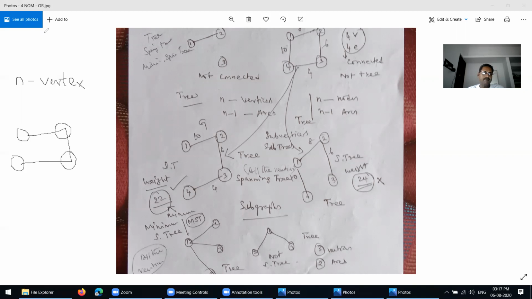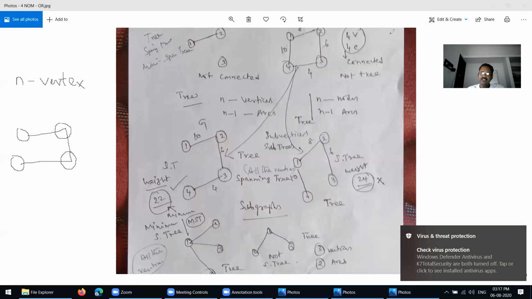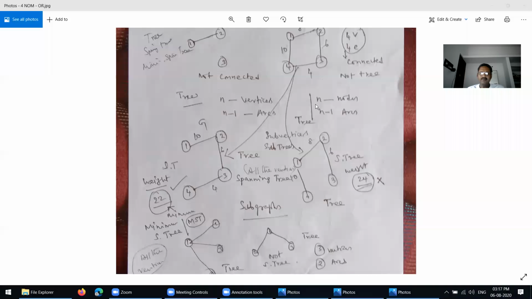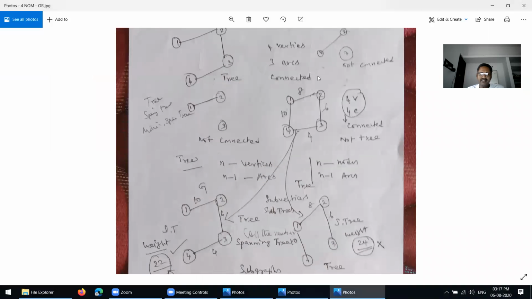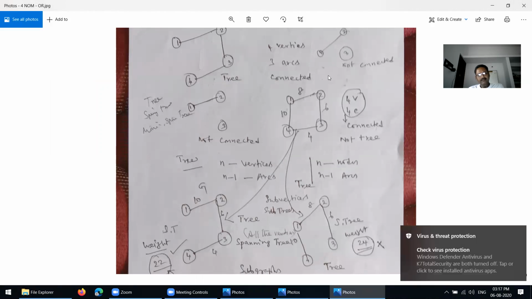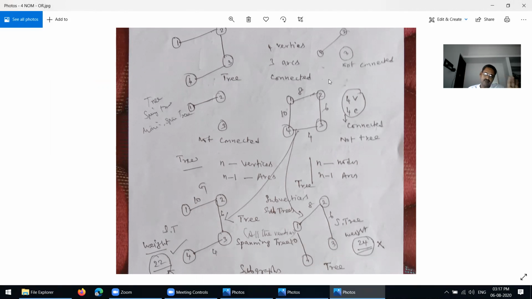Here, what is the graph? The graph contains 4 vertices or 4 nodes.